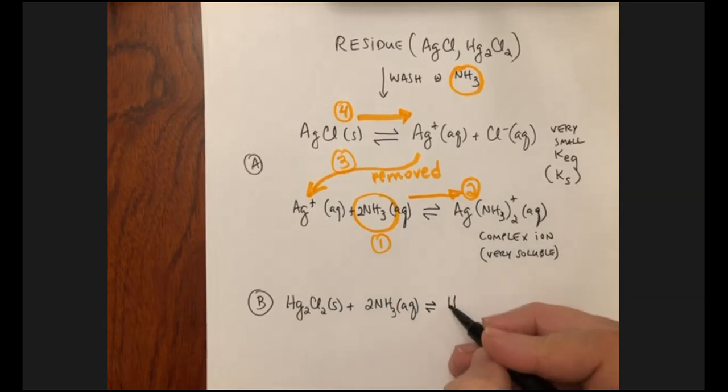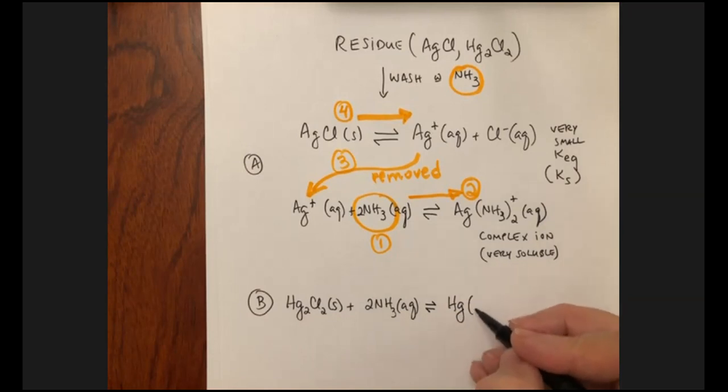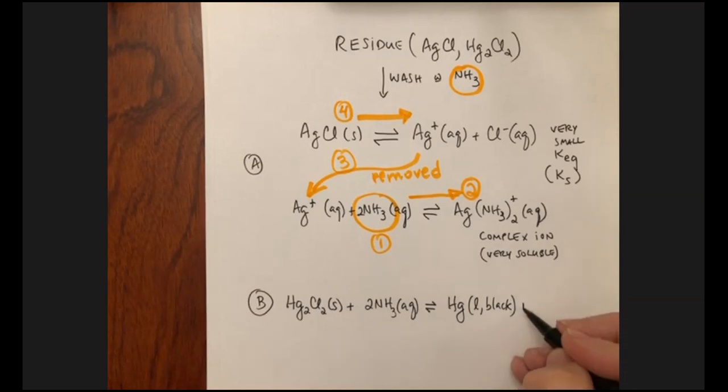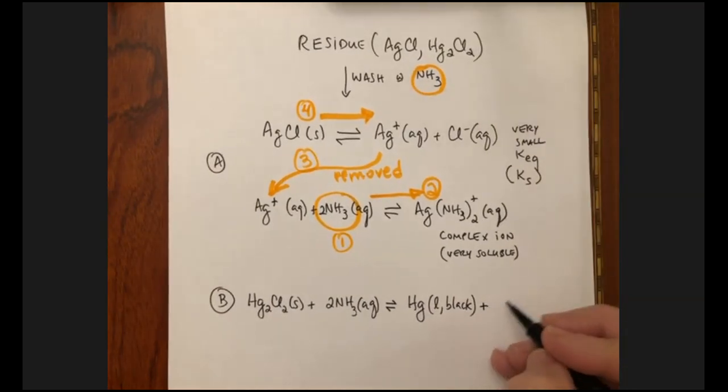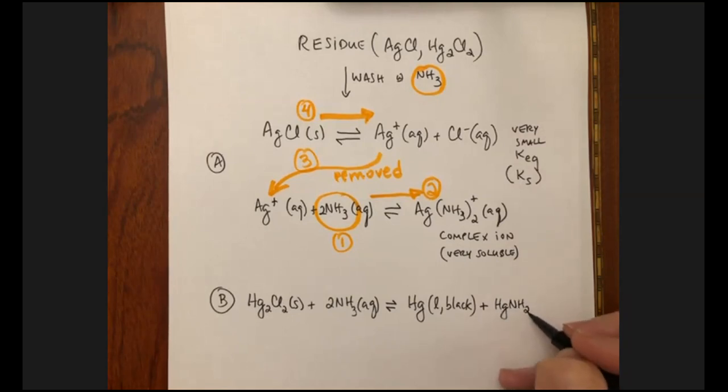What it causes is some of the mercury ions to become reduced to neutral mercury, which actually will be somewhat liquefied but has a dark color. You're also going to end up producing a compound that is a kind of what we call sometimes a coordination complex.